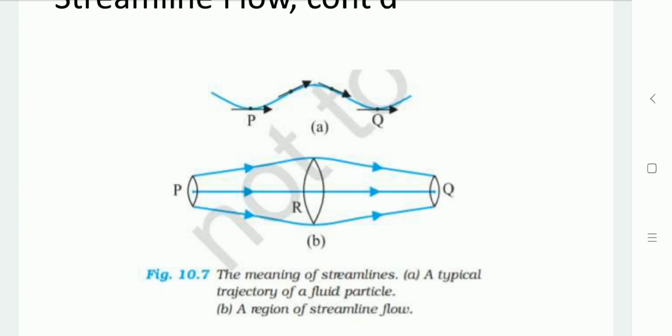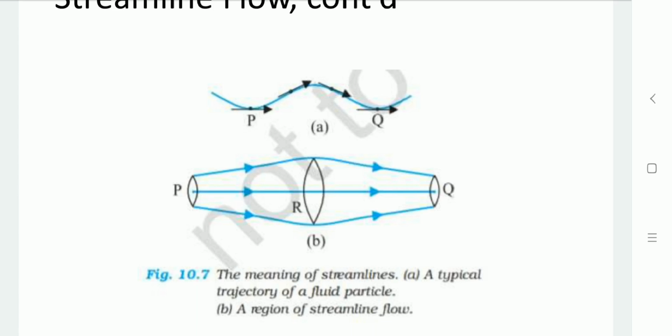The same number of fluid particles entering at P will reach Q by passing through the region R. But as we can see, the cross-section areas AP, AR and AQ are not the same. So the speeds of the fluid particles are VP, VR and VQ.